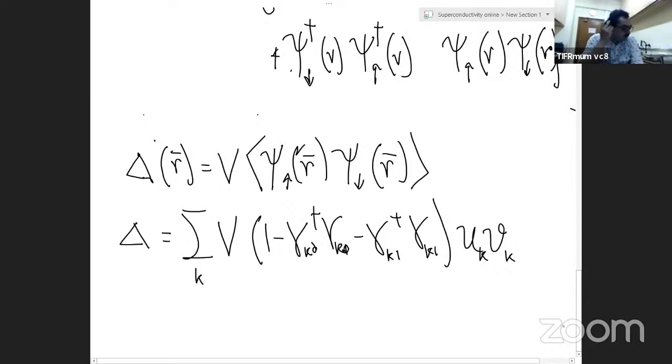All right. Okay, this I will leave it as an exercise. Show that these two are the same, except that now you know that UK and VK are both position dependent. So therefore, this delta R will become position dependent.